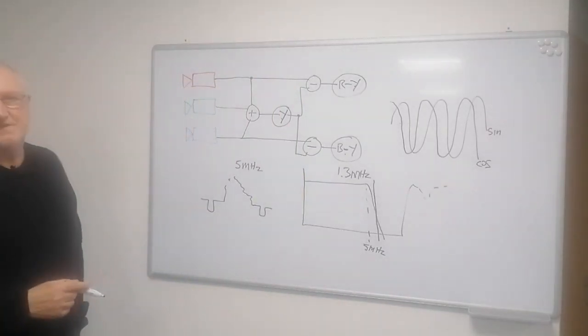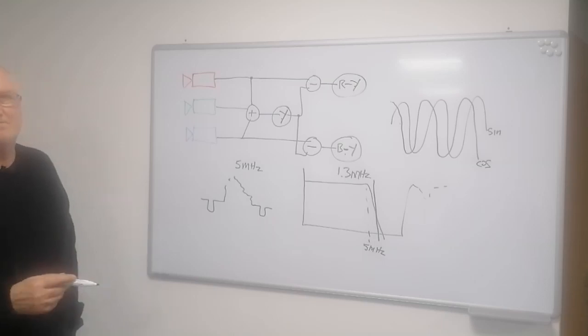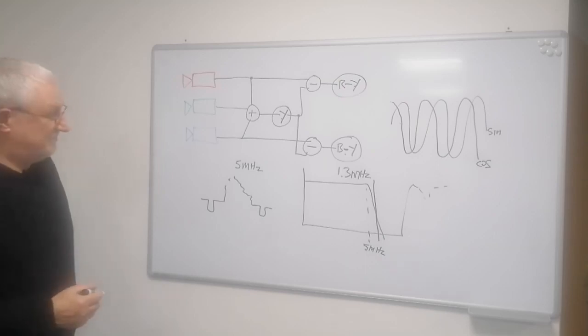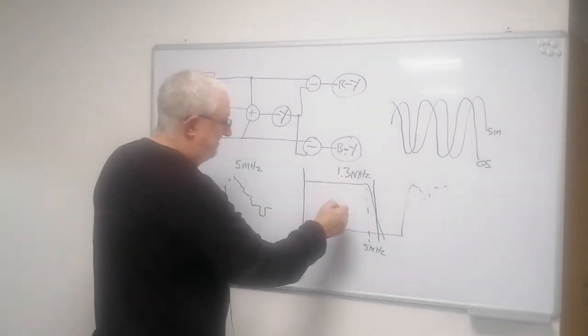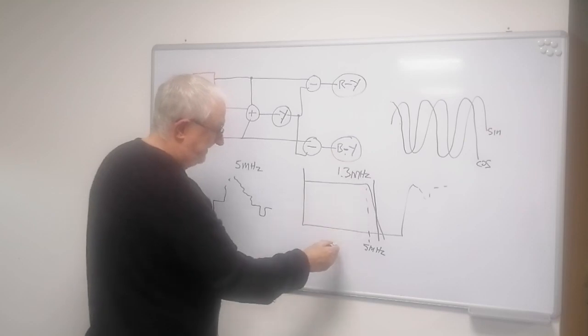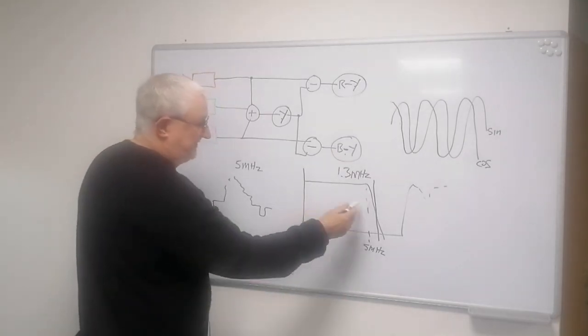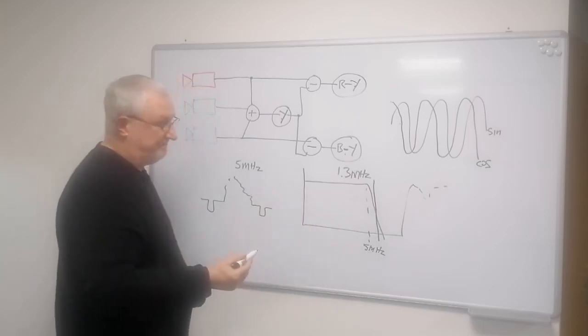Governments are very protective of their frequencies. Most of it is all military stuff and such like. So we have to somehow transmit it down here. And obviously we have the luminance signal there.